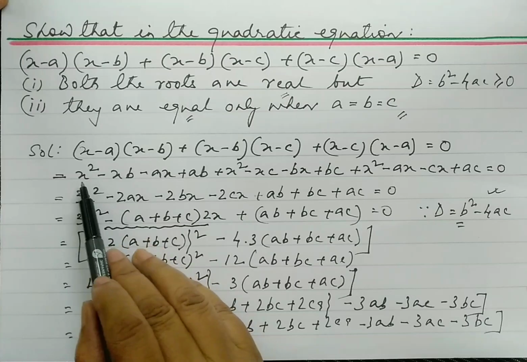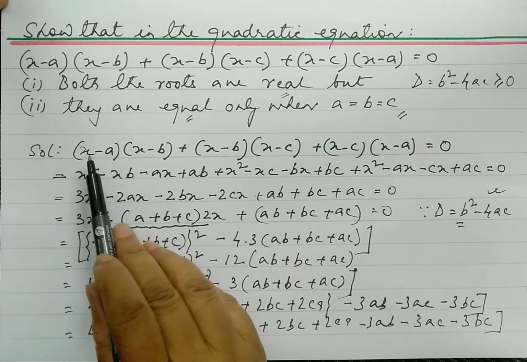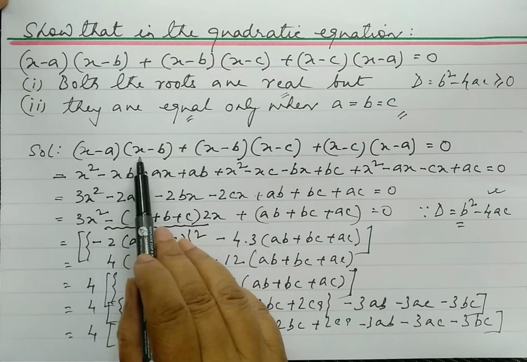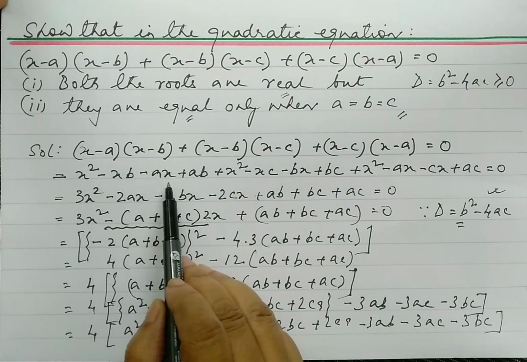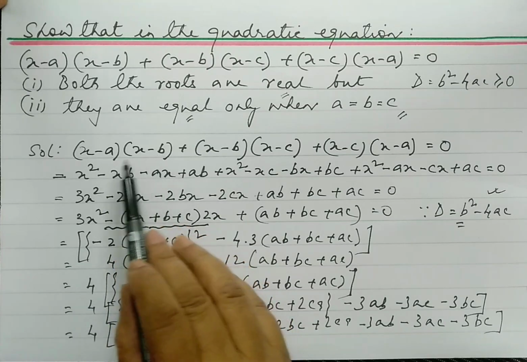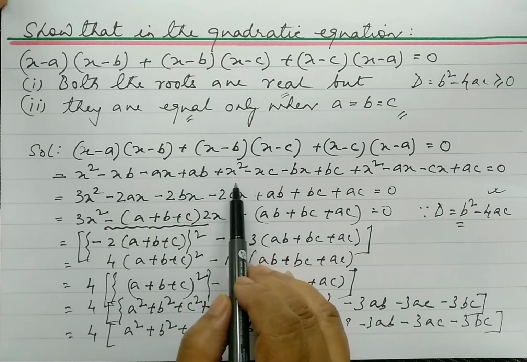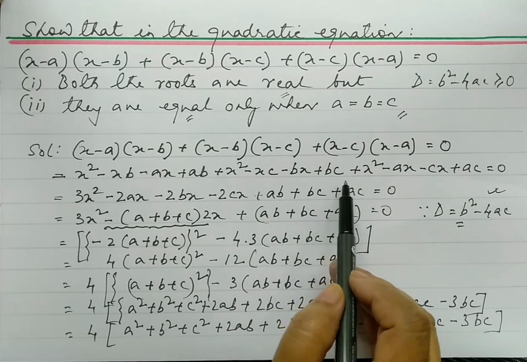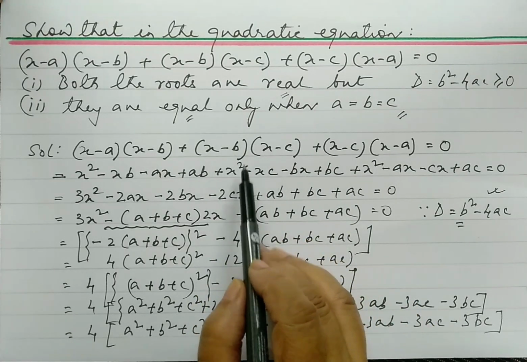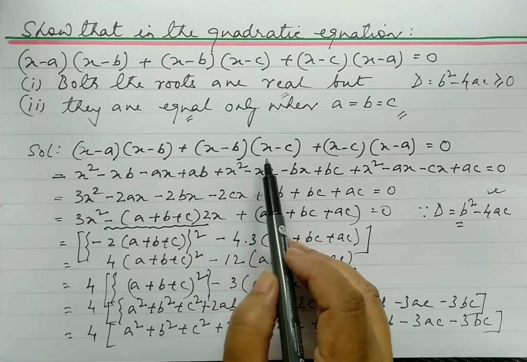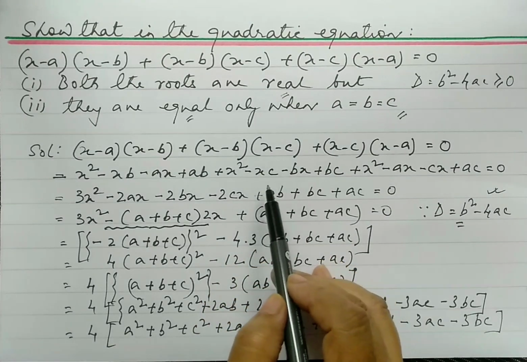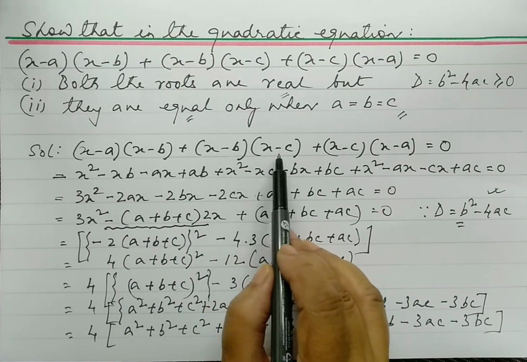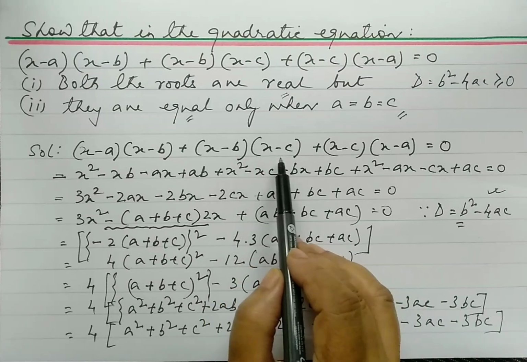When we multiply this, we get x into x, x square, x into minus b, xb, you can write bx also, minus a multiplied by x is minus ax, and minus a into minus b is plus ab. Similarly, we have x square minus xc minus bx plus bc. For this, x into x, x square, minus b into x is minus bx, and minus b multiplied by minus c is plus bc.